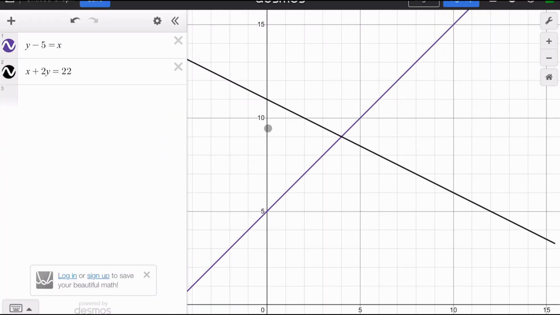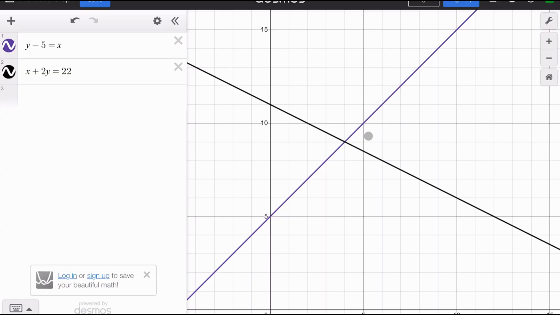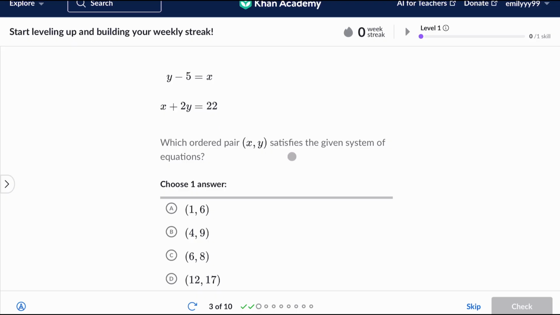And then all we have to do is find out where these two equations intersect, and that's basically the solution of the system of equations. We can see they intersect at 4, 9. So 4 is x and 9 is y. So it should be 4, 9.